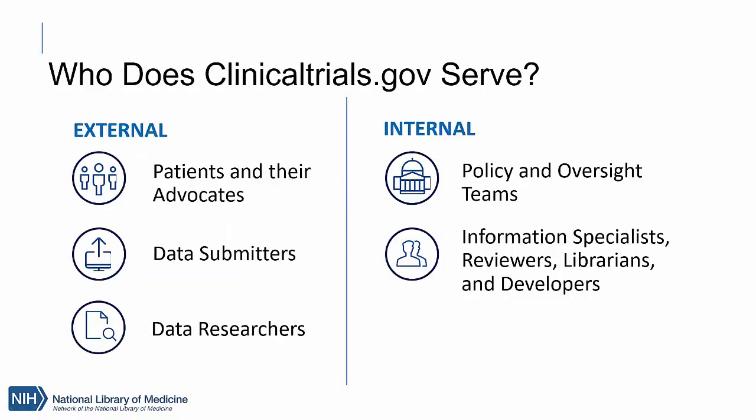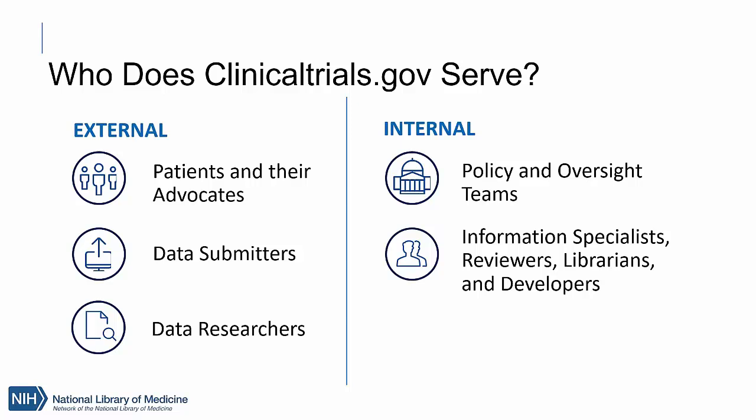Okay. Slide number 14. We are going to discuss who ClinicalTrials.gov serves. ClinicalTrials.gov serves a broad audience external to NIH. The website primarily serves patients and their advocates. This can include healthcare professionals and their caregivers.